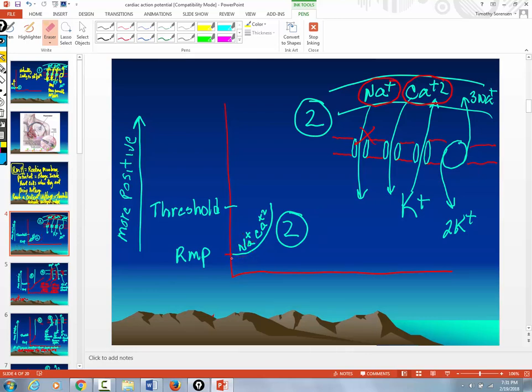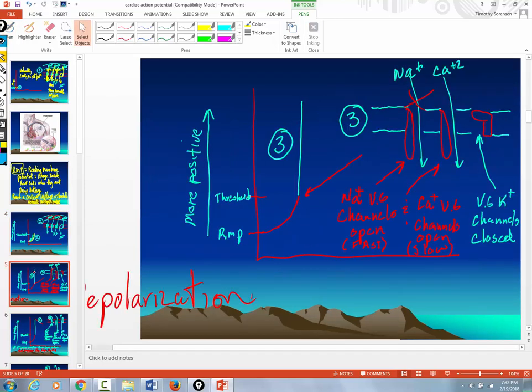Okay, now watch. You're at resting, it's negative. What begins to leak in? Sodium and calcium. And when enough sodium and calcium leak in, it's going to hit that critical voltage called threshold. And at threshold, what's activated? I'll just tell you.